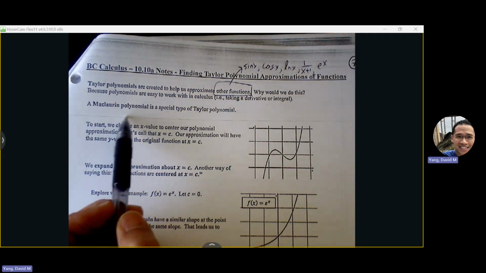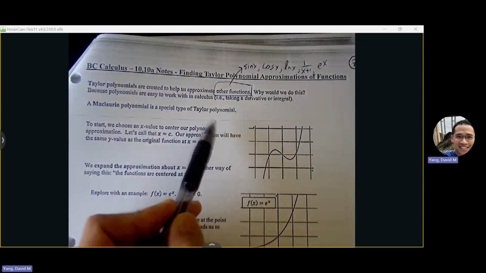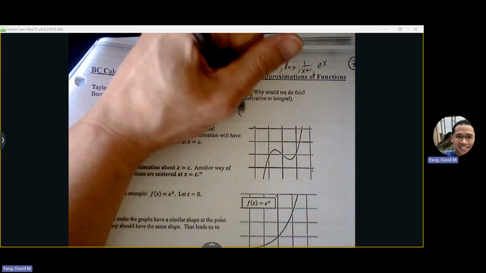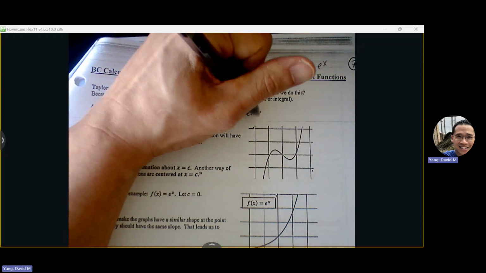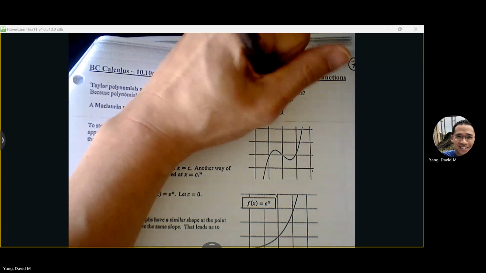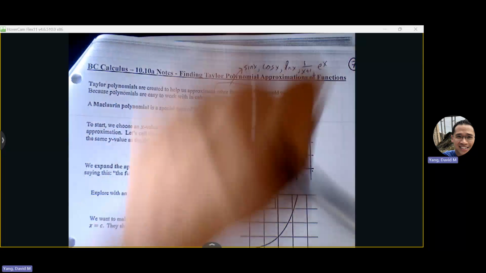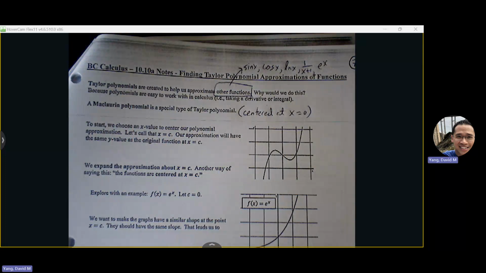Okay, so a Maclaurin polynomial is a special type of Taylor polynomial. This is where it's centered at 0. What that means is the polynomial is going to start mimicking the graph starting at 0, and it's going to start building out.